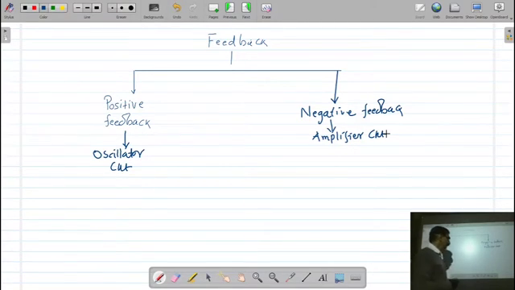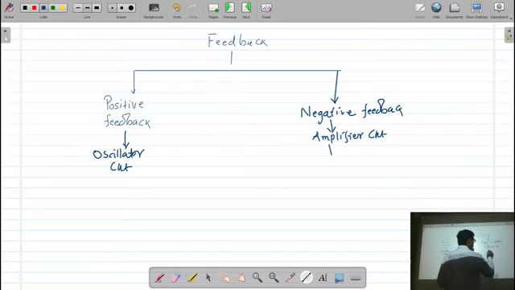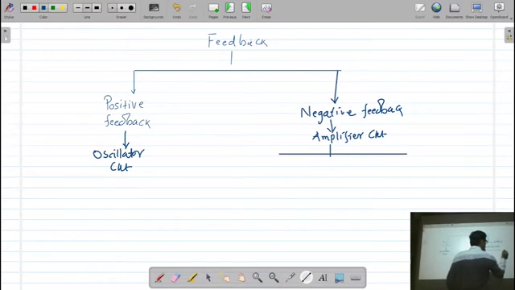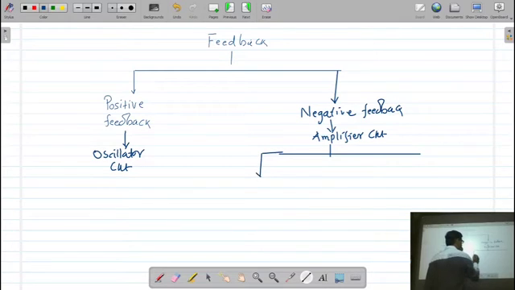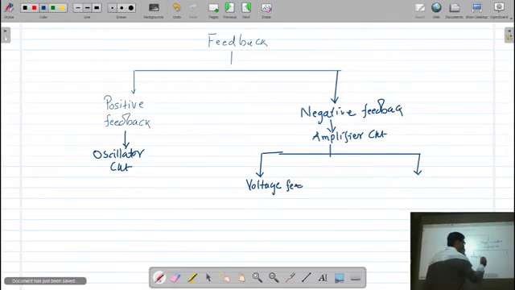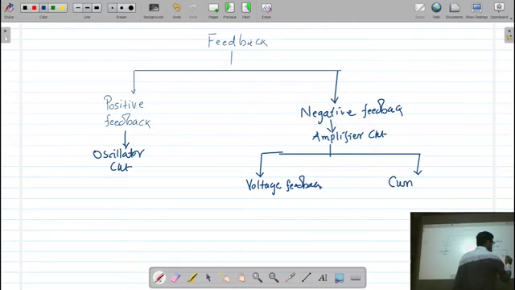Accordingly we have two types of negative feedback: voltage feedback and current feedback.